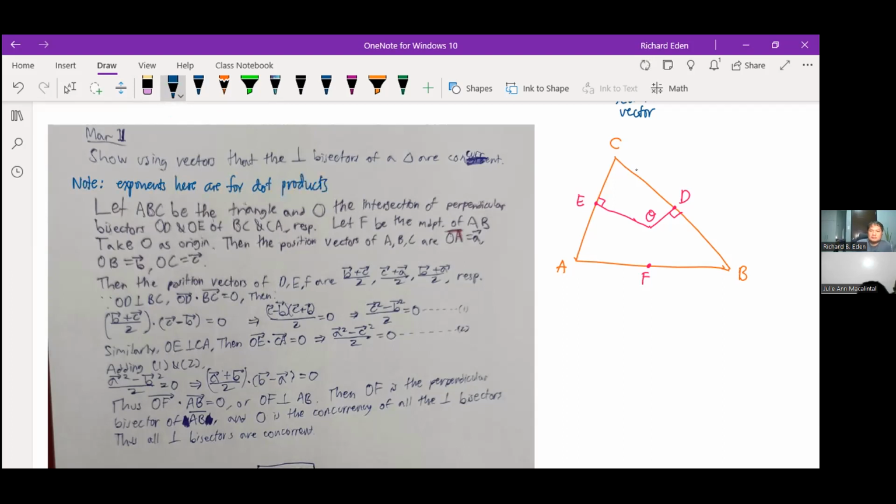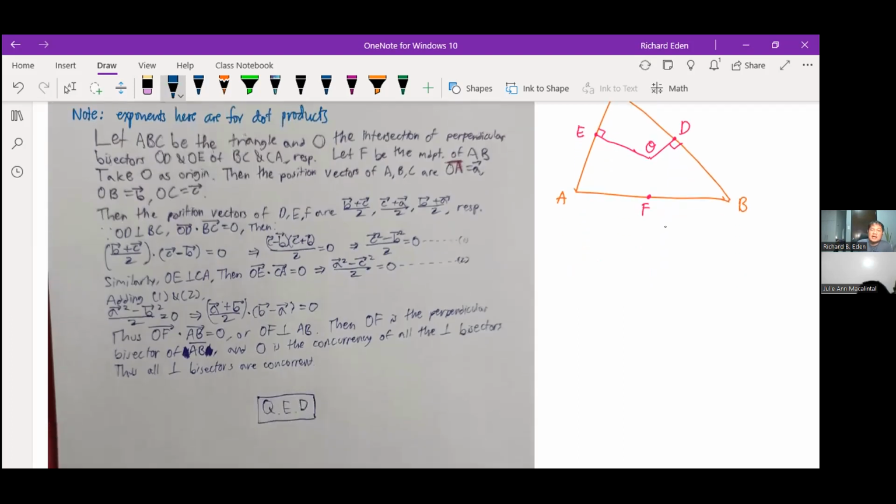So that's equation 1. Then likewise, OE and CA give C squared minus A squared over 2, equation 2. If you add 1 and 2, we get A squared minus B squared over 2, which also means (A plus B) dot (B minus A) over 2 is equal to 0.